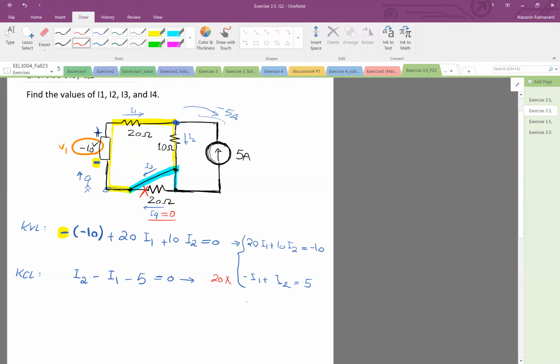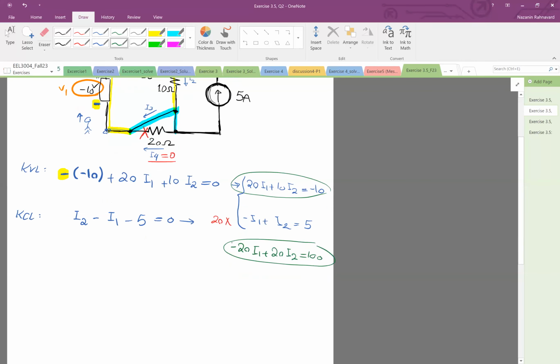So this equation can be rewritten as negative 20 I1 plus 20 I2 equals 100. If I add this equation and that equation, 20 I1 and negative 20 I1 eliminate. Then we get 10 I2 and 20 I2, which is 30 I2, and you have 100 and negative 10, you get 90. So I2 becomes 90 over 30.